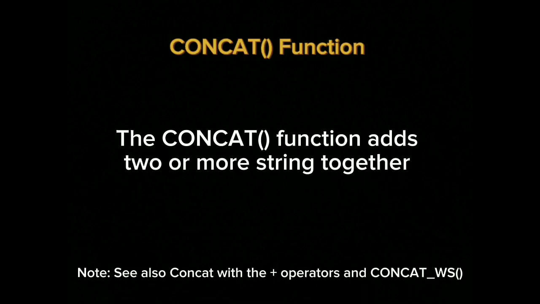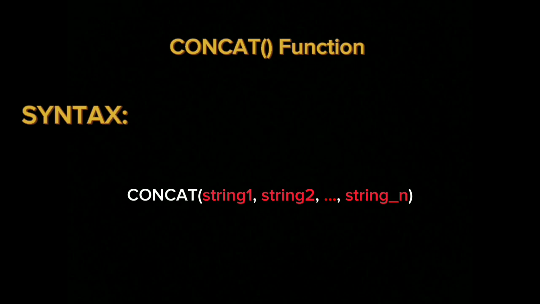The CONCAT function adds two or more strings together. Here is the syntax of the CONCAT function: CONCAT(string1, string2, ..., string_n). Example of the CONCAT function: add two strings together.